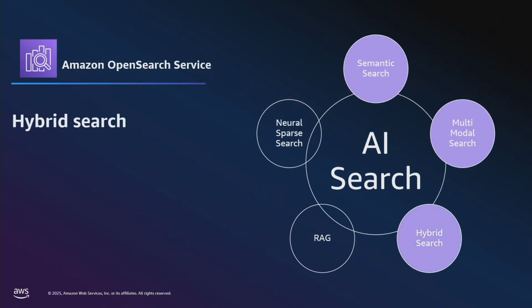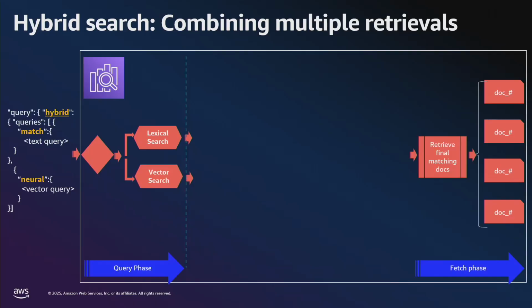All right, so as I mentioned earlier, OpenSearch is not only a vector database. It is also a powerful text search engine where you can co-locate your text data and vector data. Hybrid search allows you to combine these multiple search types into a single query. To do that, you run multiple subqueries of different types inside a single hybrid query.